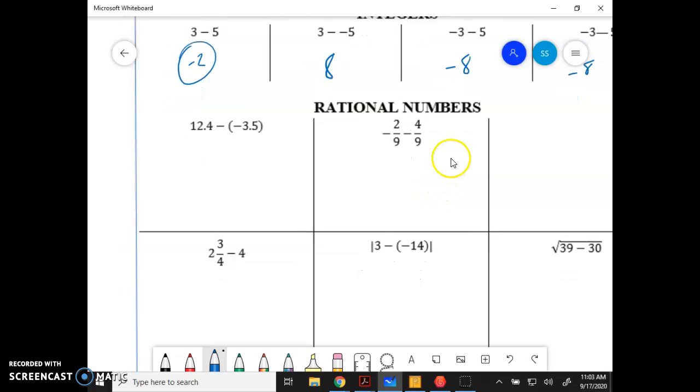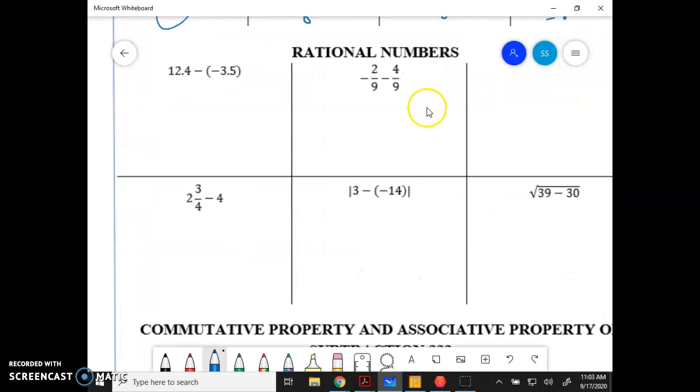All right, moving on. So we've got rational numbers here. Anytime you see these back-to-back negatives, or anytime you see a negative or the subtraction symbol to the left of the parentheses like this, what you should do is change this to a positive and then change all the signs to the opposite inside.